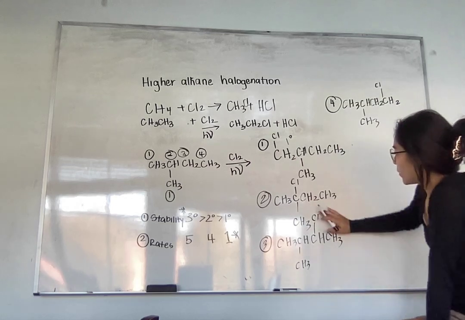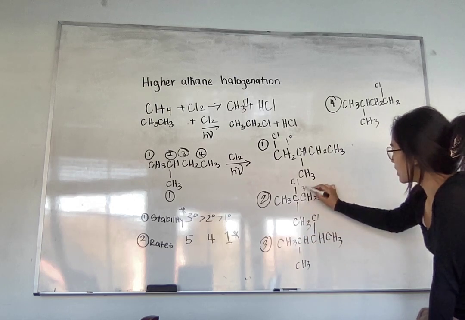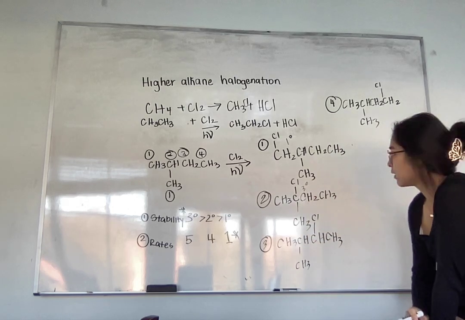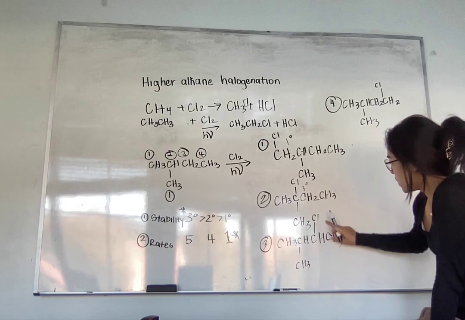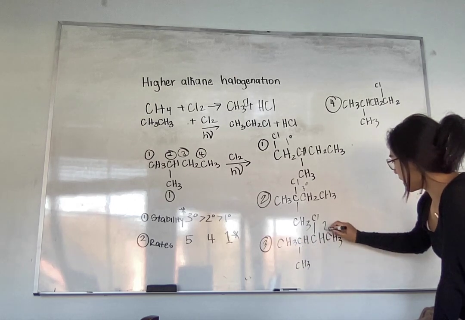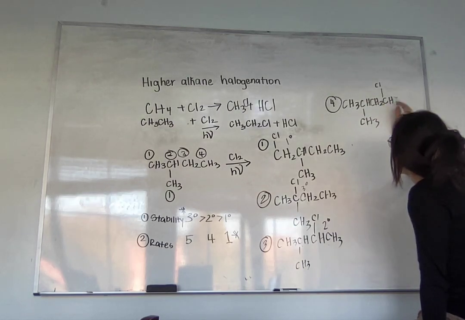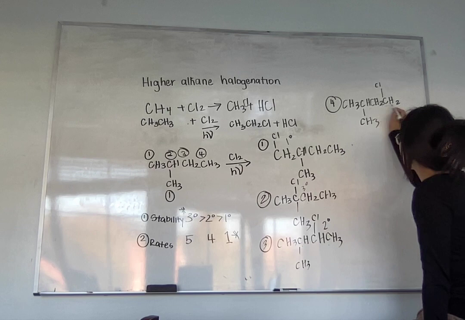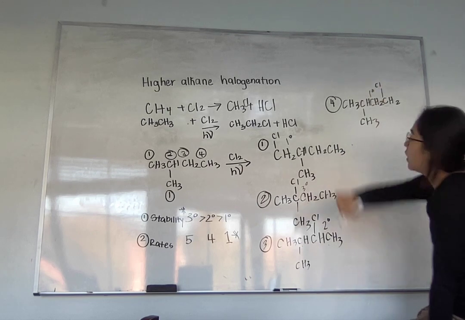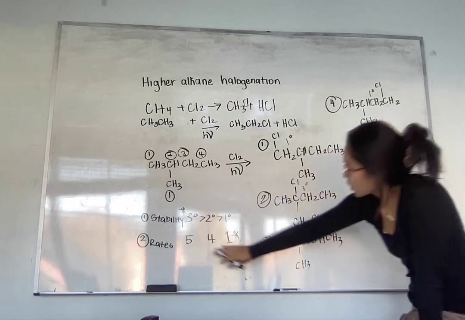Then if we go to number 2, this carbon is connected to 1, 2, 3, making this a tertiary carbon. And then this one is connected to 1, 2, making this a secondary carbon. And then up to number 4, our Cl guy, its carbon is just connected to 1, so this is going to be a primary.